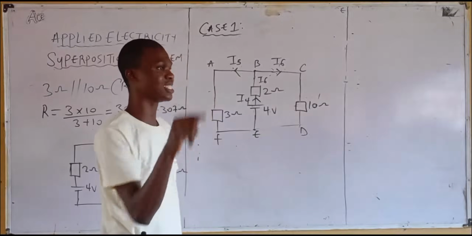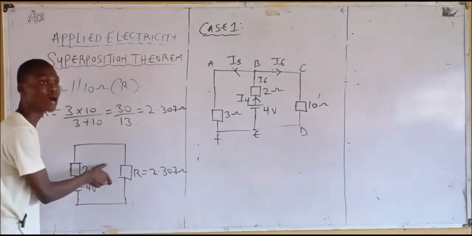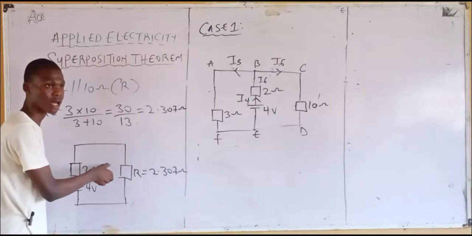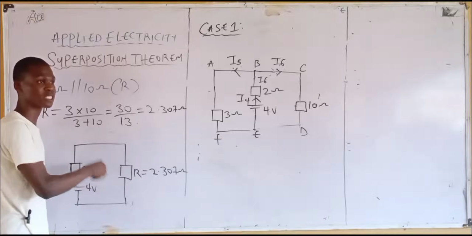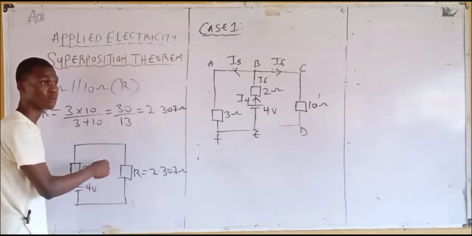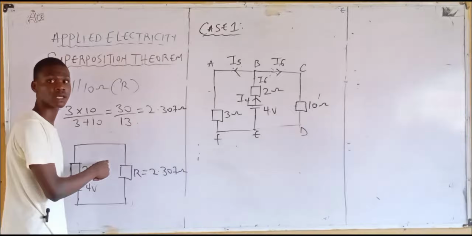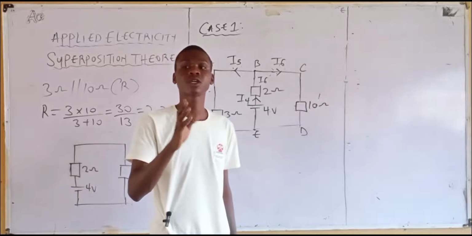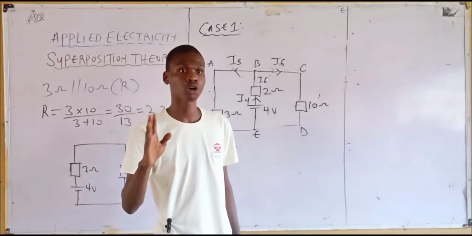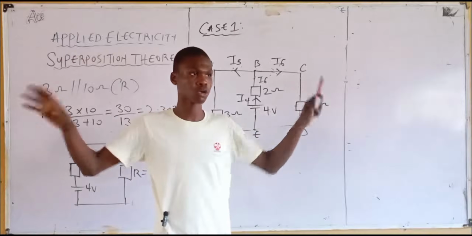I5 and I6. Now, this circuit, obviously, I will have an answer for the current flowing through it. But I need to be specific about the current value, be it I5, I6, or I4. Are you getting what I'm saying? For easier understanding, once you've solved a resistor, automatically that current is gone.